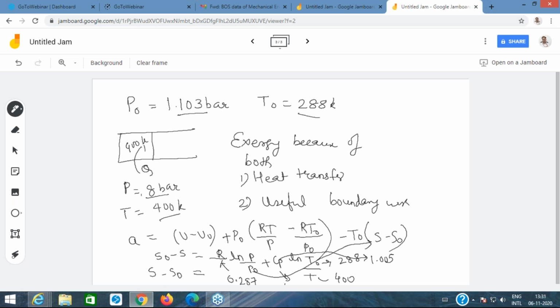Neha, just check, you have some different answer. Cp is 1.005. Pressure is given to be 8 bar, and this is 1.